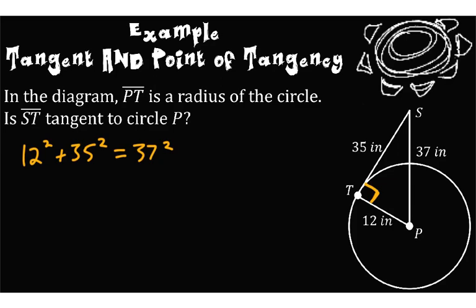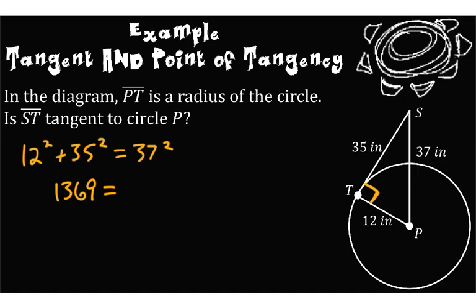If that comes out to be true, then it is in fact a right triangle, and that would make segment ST perpendicular to segment TP, which would mean that we do in fact have segment ST tangent to circle P. And when we do 12 squared plus 35 squared, we get 1,369.